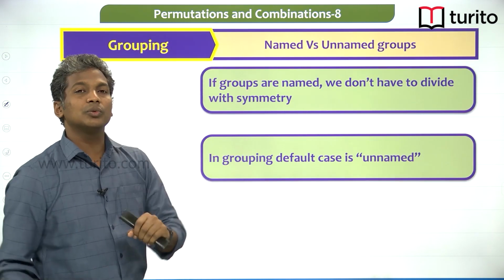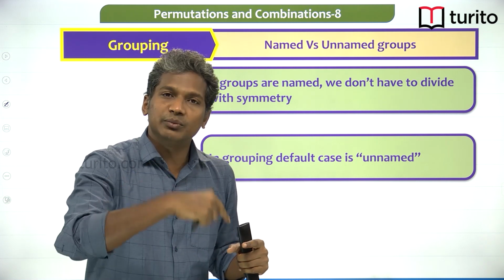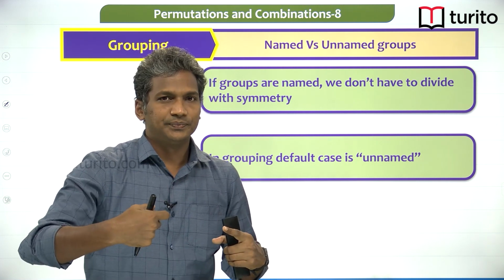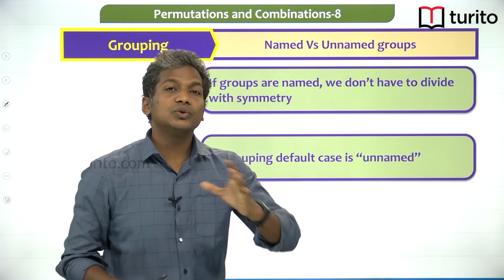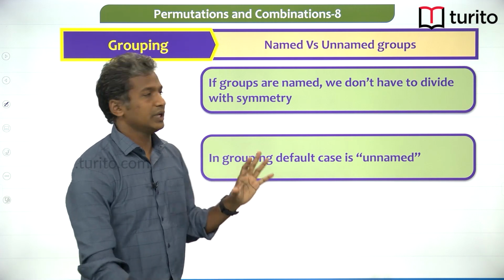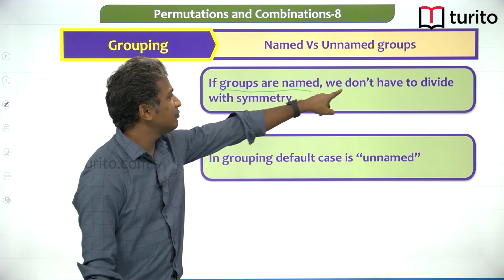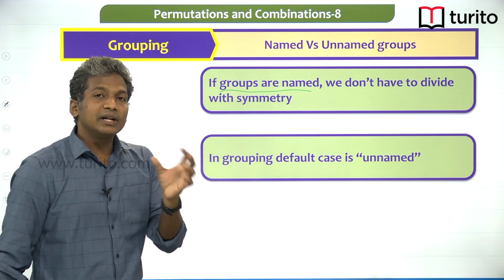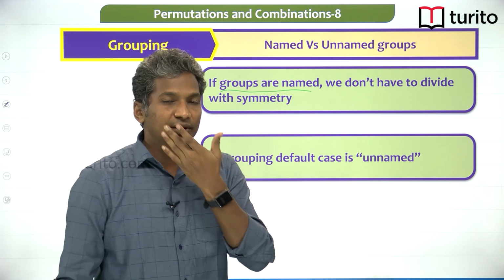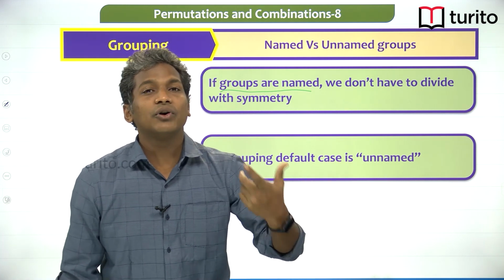So whenever we talk about named groups and unnamed groups, only in unnamed groups we divide with the symmetry. If it is mentioned that the groups are named groups, then you do not divide with symmetry. But what if nothing is mentioned? If it is not mentioned whether it is a named group or unnamed group, what is the default case?